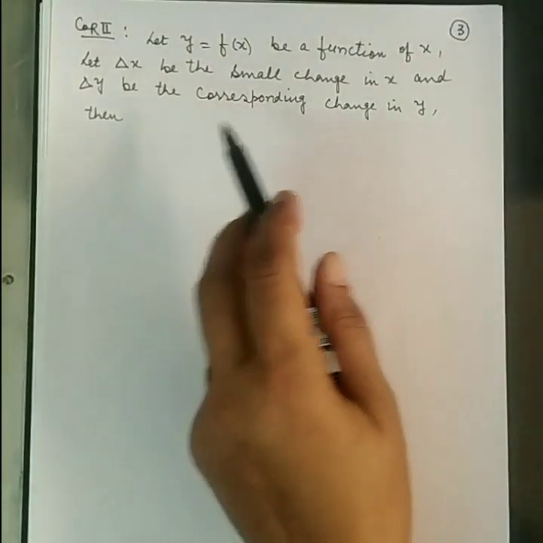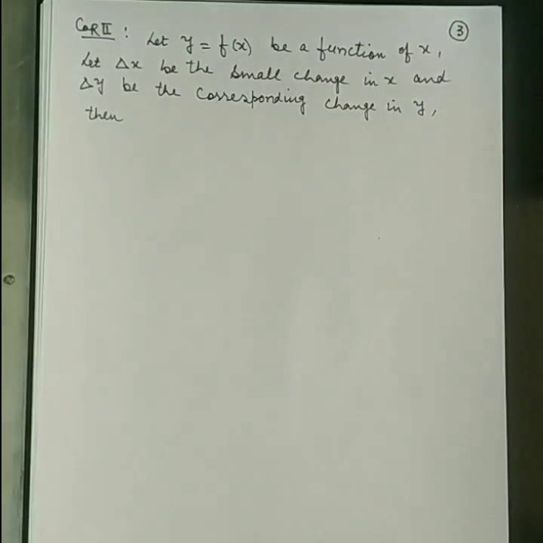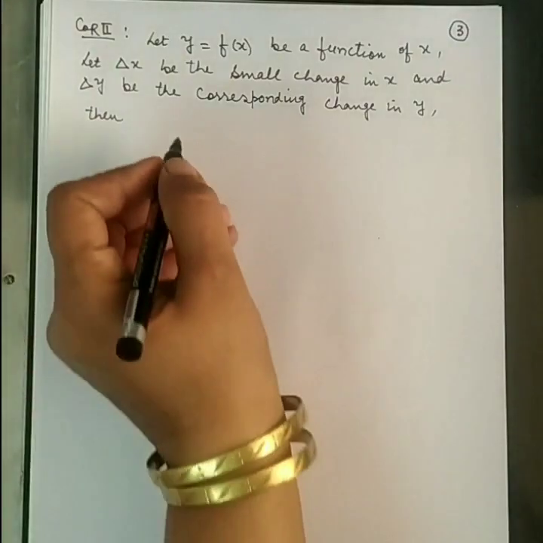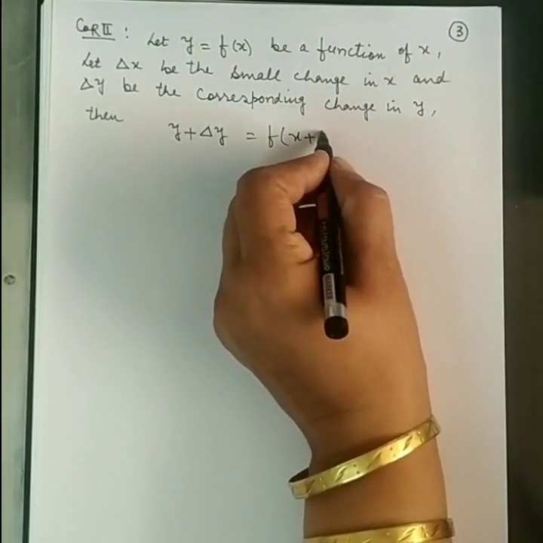Next, corollary number 2. Let y is equal to f(x) be any function of x. Let delta x be the small change in x, delta y be the corresponding change in y. Then y plus delta y will be f of x plus delta x.